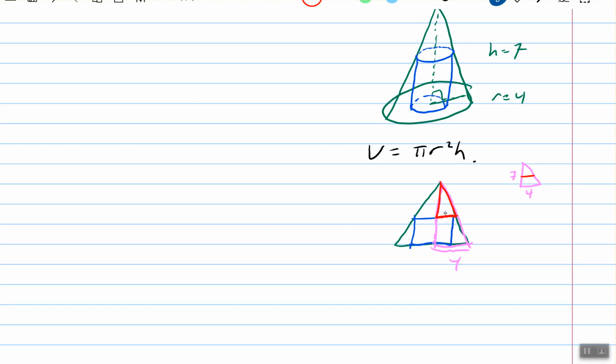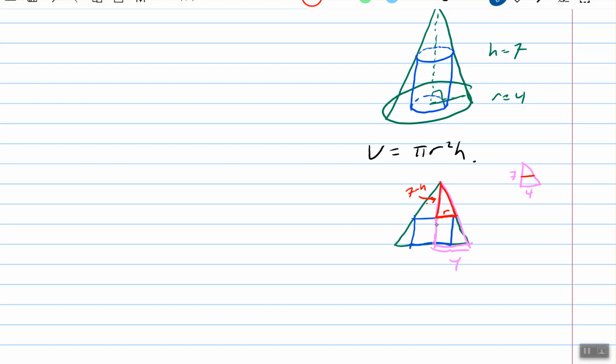Why? So you look here. This distance is the radius of our cylinder, but it's also the base of this other triangle. And then this height right here is 7 minus h. The whole thing is 7.